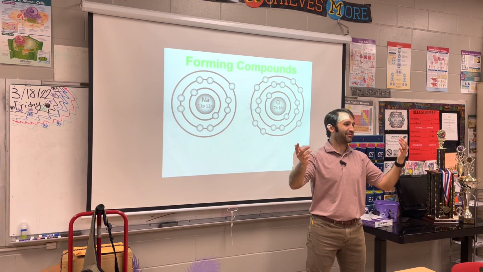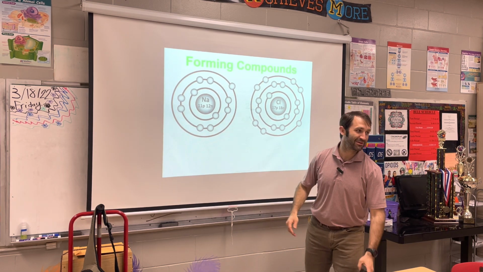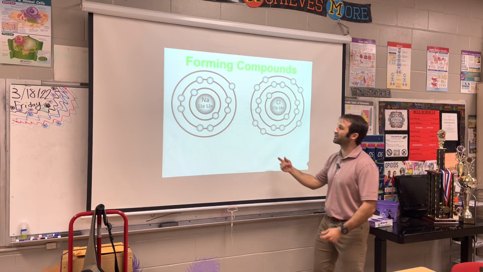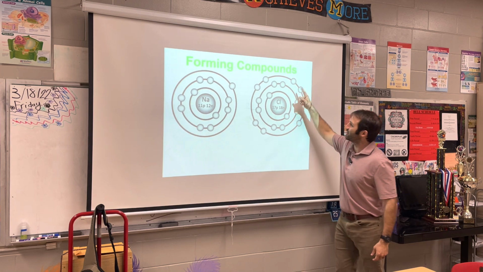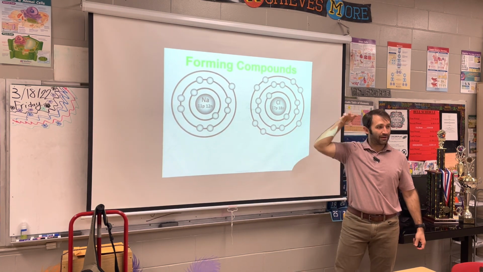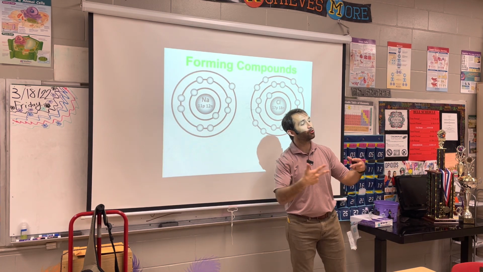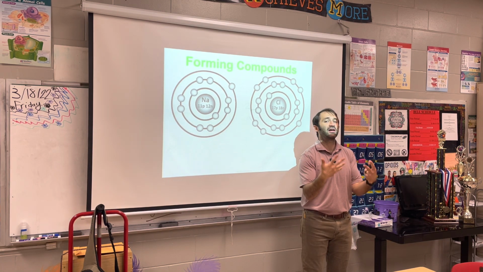So maybe chemistry can teach us something. So that's what happens. You just predicted it, guys. Sodium gives his electron to chlorine. Chlorine now possesses it. Chlorine's happy. Sodium's happy. And now what we have is sodium chloride and what we call an ionic bond.